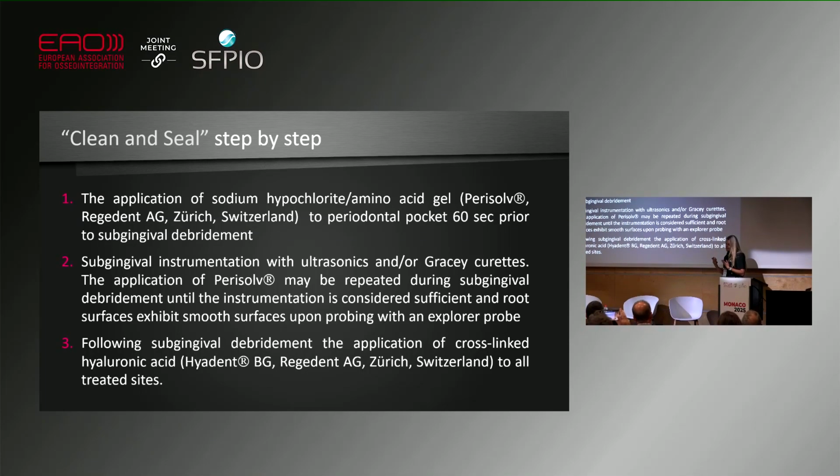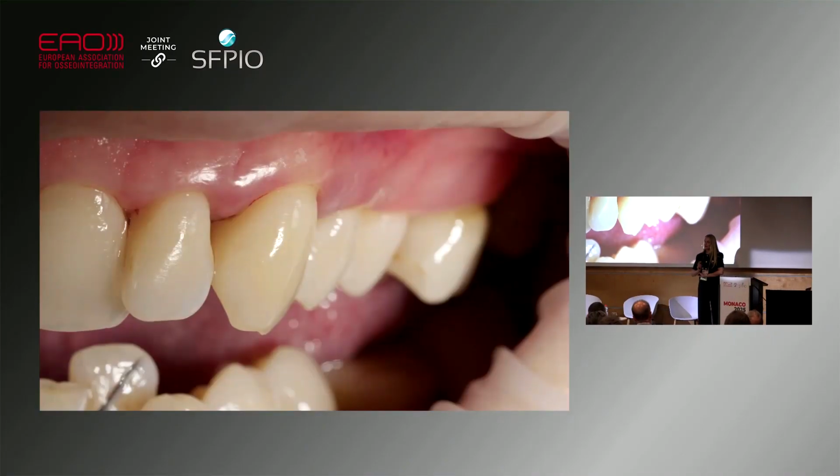We perform it with ultrasonics, hand instruments, or a combination of both, whatever works best in our hands, always keeping minimally invasive methods and techniques in mind, and we may reapply the material several times until the root surfaces are smooth upon probing with the explorer probe. And whenever we think that we are efficient, we apply a cross-linked hyaluronic acid to the treated site.